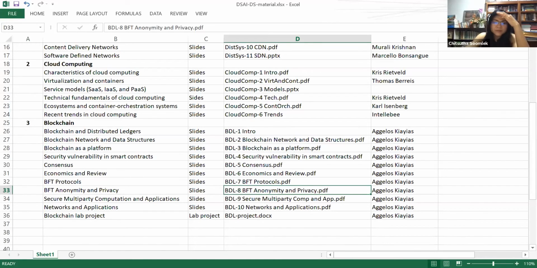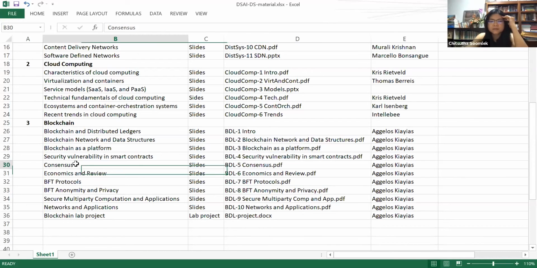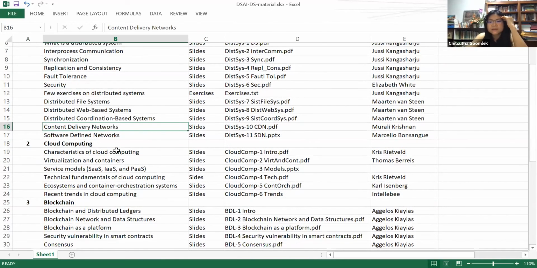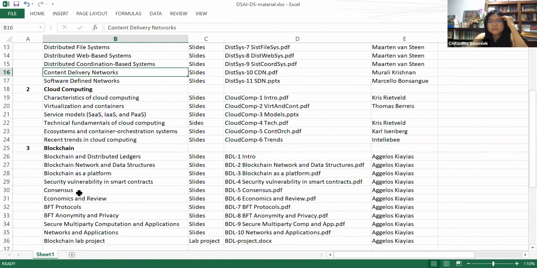Actually, what I'm thinking is I didn't see anything about game theory here, because we use that a lot in the consensus process. So should we add that to the core course or should we just put it here?